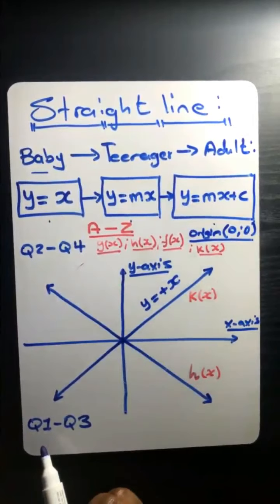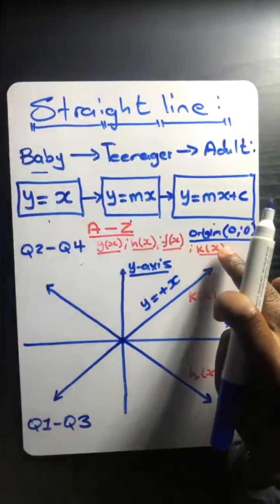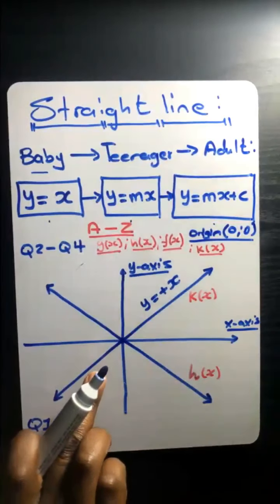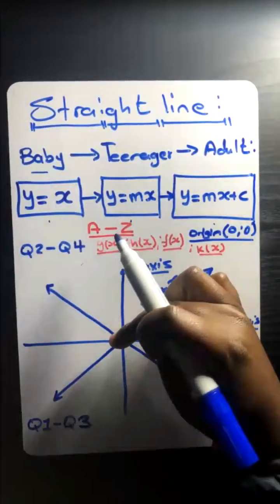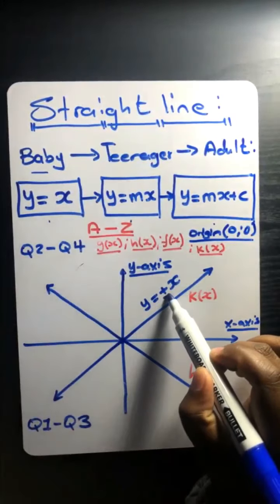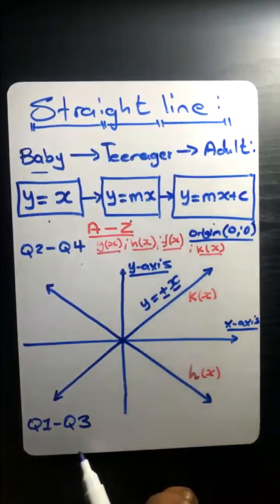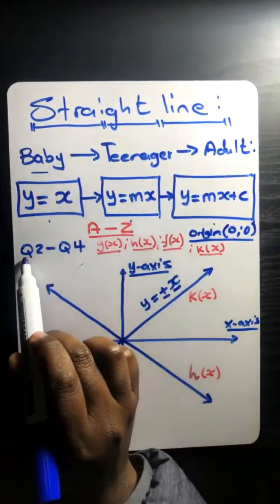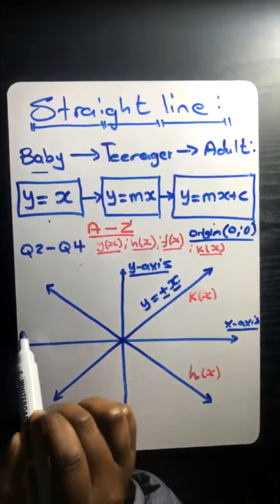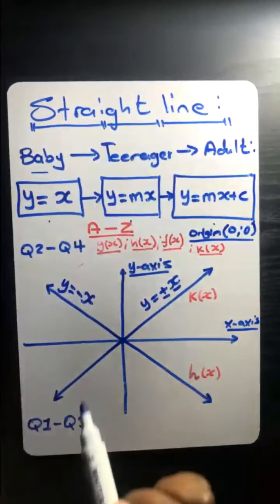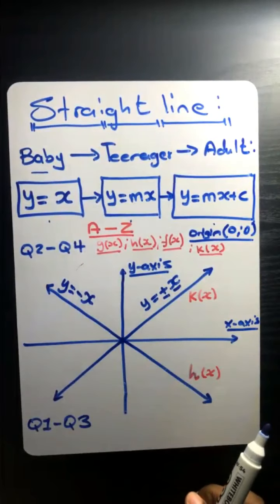So for all the straight lines passing through the first quadrant and the third quadrant, they've got a positive there. Then for the straight line functions passing through quadrant number 2 and quadrant number 4, we say they've got a negative value over there. Very, very much important, ladies and gentlemen.